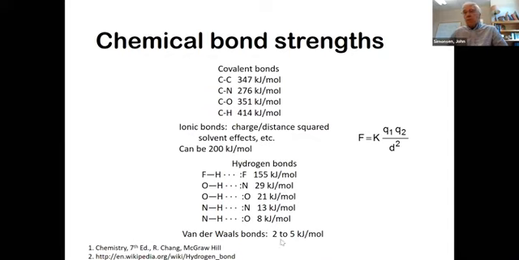Okay. And then van der Waals bonds are way down here, 2 to 5. However, you have to remember the multiplier, right? To get these bonds, you have to have an oxygen atom and a nitrogen atom in close proximity. Or an oxygen and an oxygen in close proximity. That doesn't happen nearly as often as every atom in close proximity to every other atom it's in proximity to.